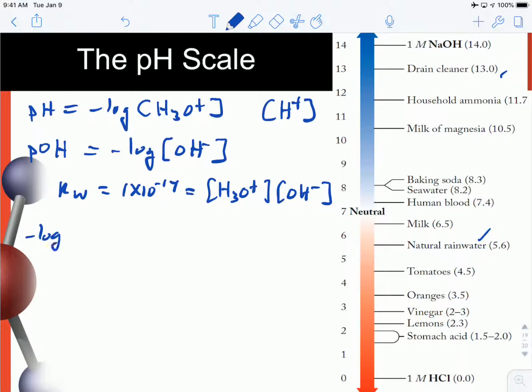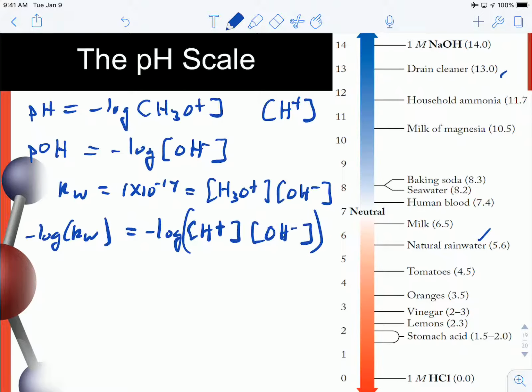I'm going to wind up with the negative log of Kw is equal to the negative log, I'm going to write this in shorthand now because I'm running out of space, H positive instead of H3O positive, times OH minus. And that negative log is times the whole thing, obviously. Well, the negative log of Kw, the log of 10 raised to the 14th power, of course, is just 14. So the negative log of 10 to the minus 14 is just 14.